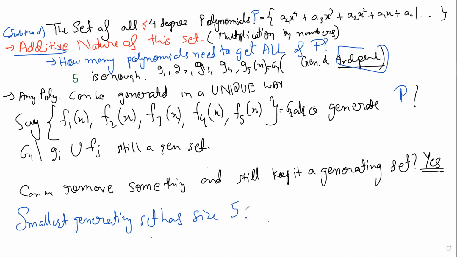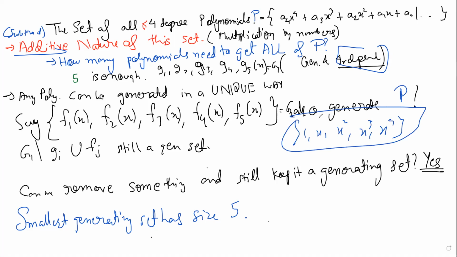Because certainly you see that 1, x, x square, x cube and so on, that's minimal, right? You can't remove anything from here. It's independent, generating, smallest. You can't remove anything from here and still generate everything. That's impossible. That's very clear.